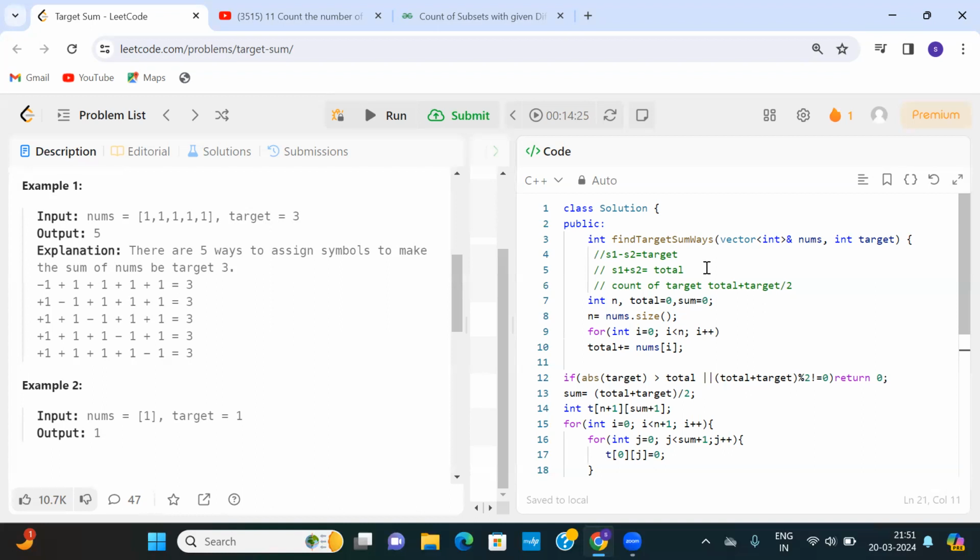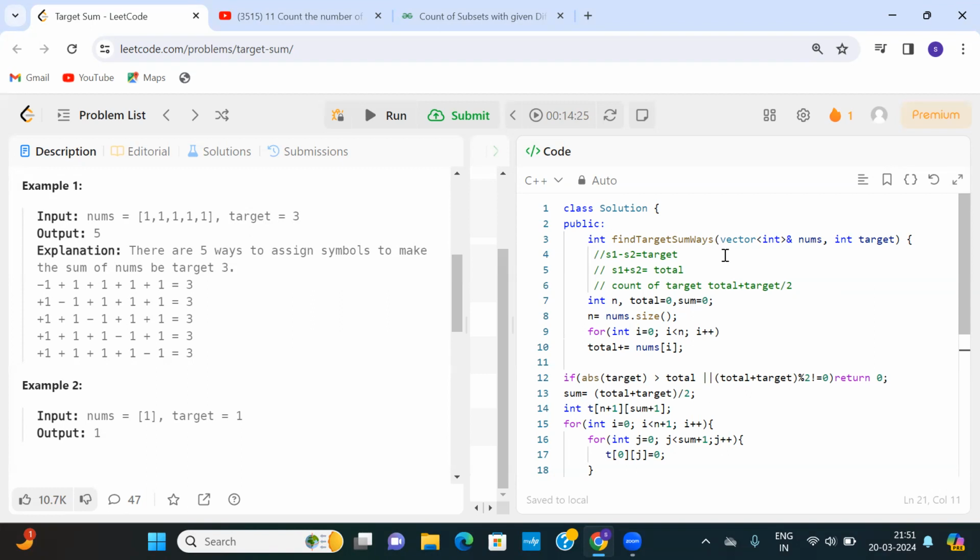So the way we are dividing the subsets, their sum will be equal to the sum of this nums array, right? So S1 plus S2 equals total. So I got two equations. My S1 minus S2 should be equal to target, and my S1 plus S2 should be equal to the sum of the entire array.